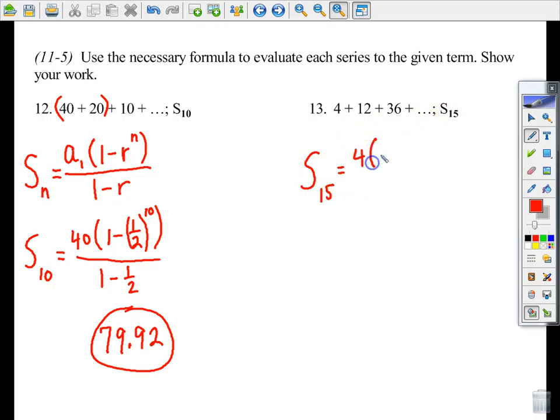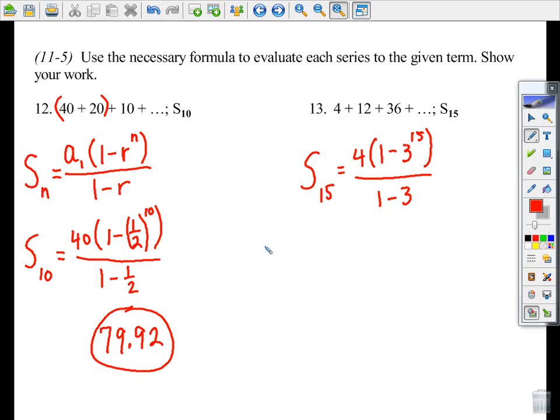First term times 1 minus, this time it's 3, raised to the nth power, which is 15. All right, and then in the bottom we'll have 1 minus 3, which is r. Okay, once again, let's grab your calculator.